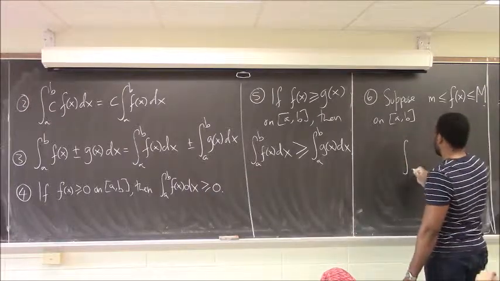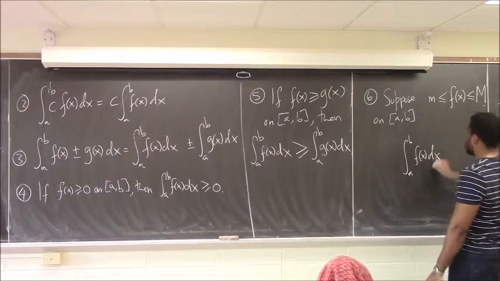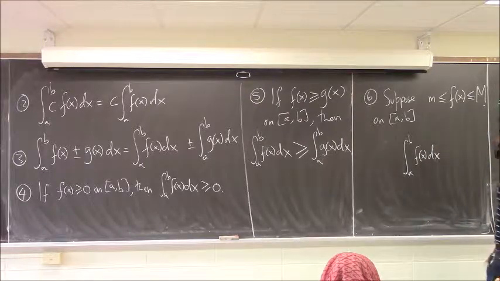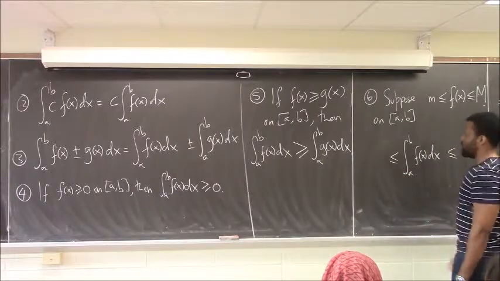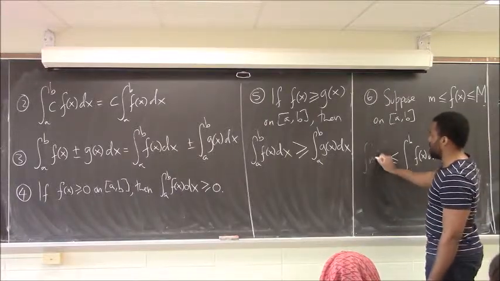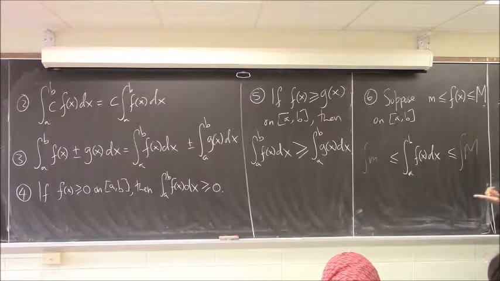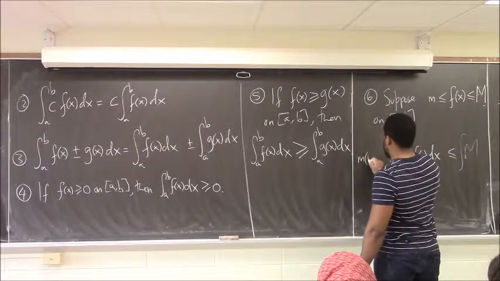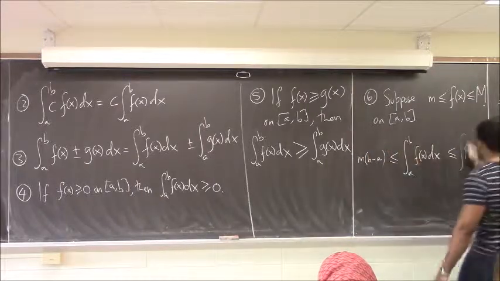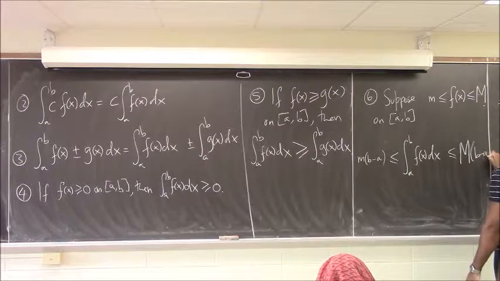Then if I take the integral over this interval, by this rule it's definitely going to be larger than the integral of m and smaller than the integral of big M, but by property 1, this guy is going to end up being m times b minus a, and this guy is going to be big M times b minus a.